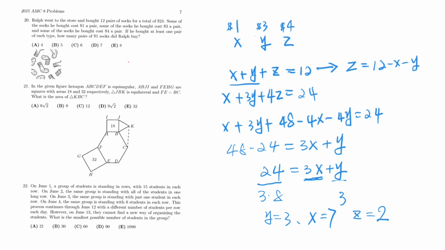It satisfies both equations, X plus Y plus Z equals 12 and X plus 3Y plus 4Z equals 24. So how many pairs of $1 socks did Ralph buy? He bought 7. That's choice D.